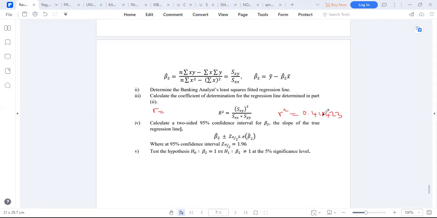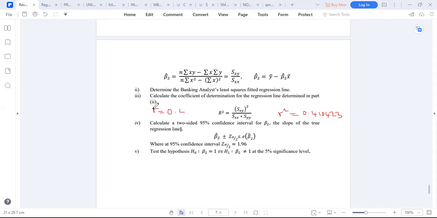Square root it. The error is 0.410. That's the error squared. Then when you square root it, it becomes the error. What is the square root of this? So that answer is already squared.